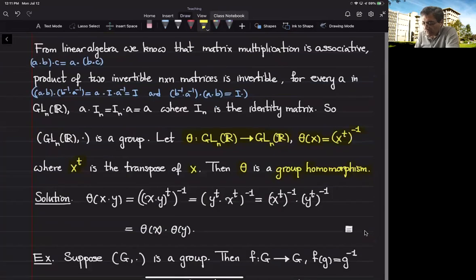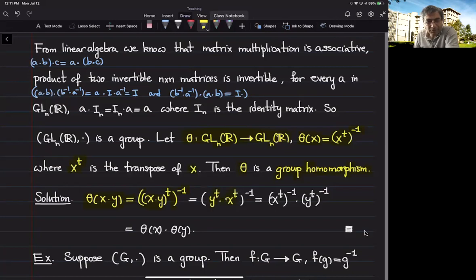Okay, let's see. I need to check whether or not theta of x times y is theta of x times theta of y. I see that theta of x times y is the transpose of x times y, and then the inverse. But the transpose of x times y is equal to the transpose of y times the transpose of x.